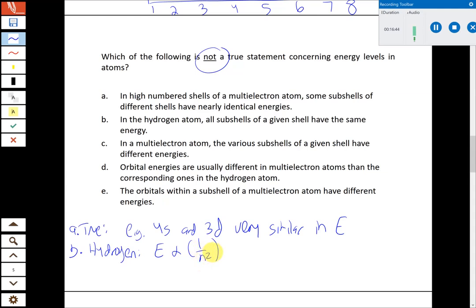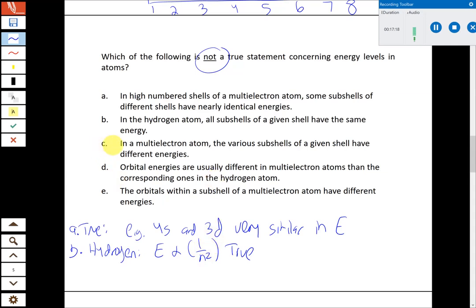So for a one-electron atom like hydrogen, all subshells of a given shell have the same energy. For example, if n equals 3, the 3s, 3p, and 3d subshells in hydrogen are all the same because energy only depends on n. So that one's also going to be true. This is the key distinction between hydrogen and multi-electron atoms.